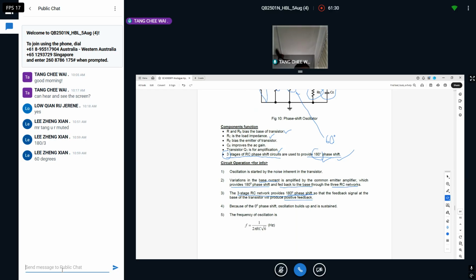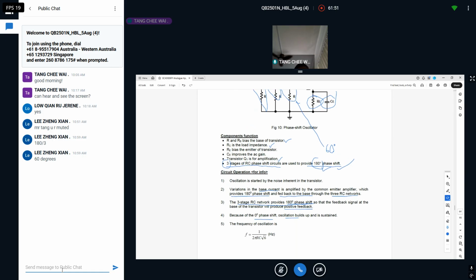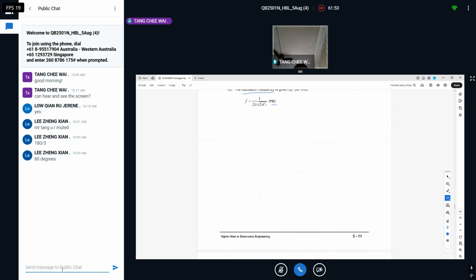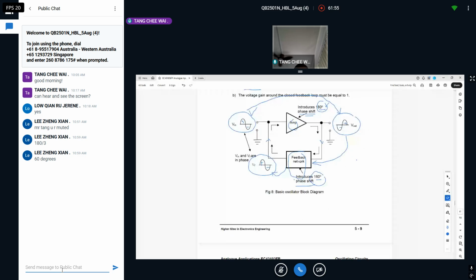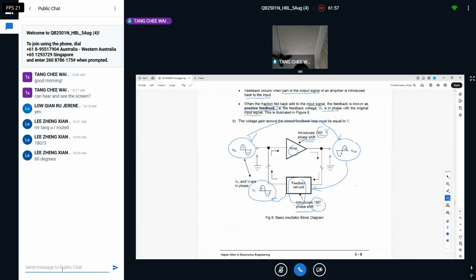Of course, because of the 0-degree shift, oscillation will start to build up and then it will continue as sustained. Now I want to bring you back to what I just said, the operation of this phase shift oscillator, back to the block diagram from this morning. This is exactly what happened here.